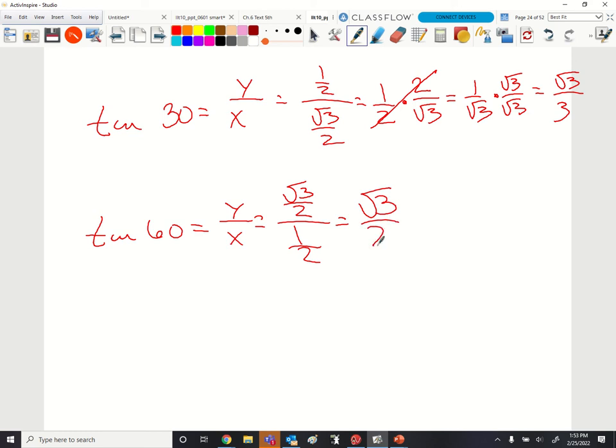Rad 3 over 2 times 2 over 1. Just rad 3, or rad 3 over 1. So if I have this value here, that goes back to give me what value?